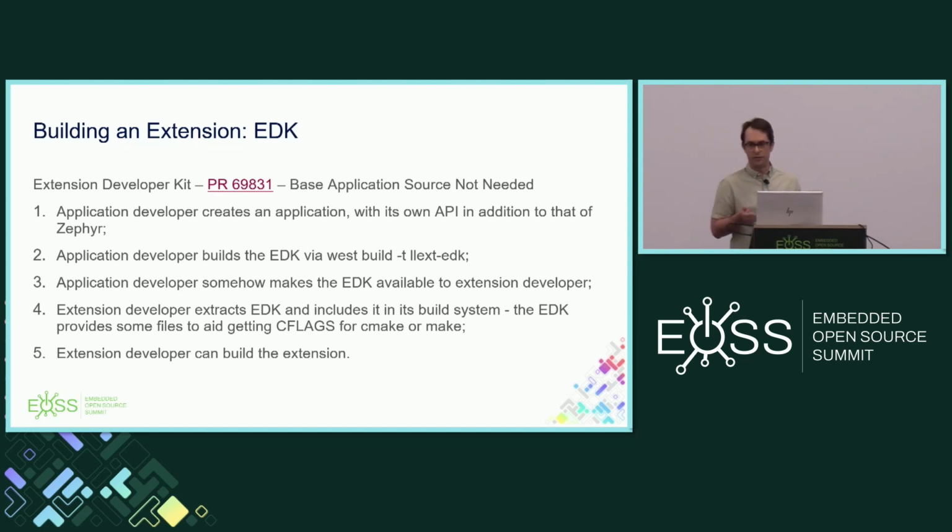We create our own API, maybe include some of Zephyr's APIs, and now we want to pass along not our whole firmware source, but just a little part of it, a box of headers, CMake files, and so on that we can give to somebody else, and they can build extensions for themselves that we can load. So that's exactly what this PR does. It adds some great tooling to do exactly that.